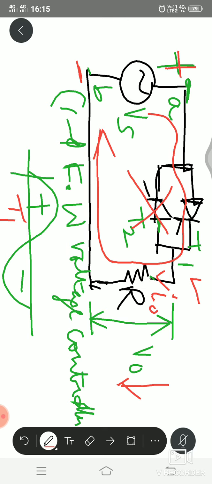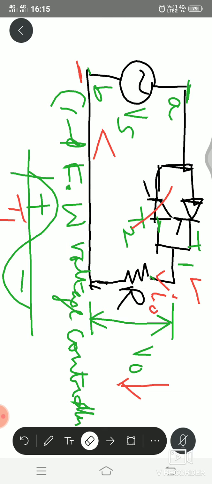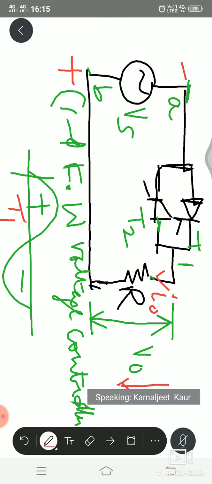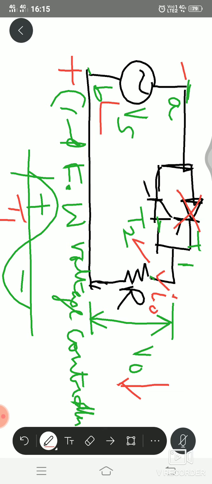Now let us discuss the negative half cycle. During the negative half cycle, point B is more positive than point A. During this time, T2 is getting forward biased and T1 is reverse biased. So current will flow like this.